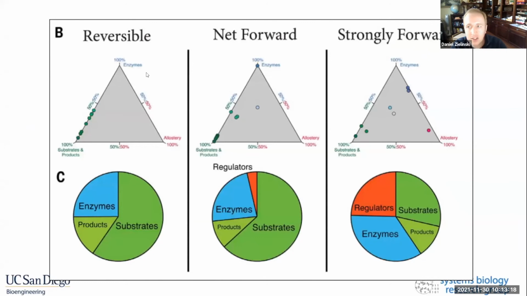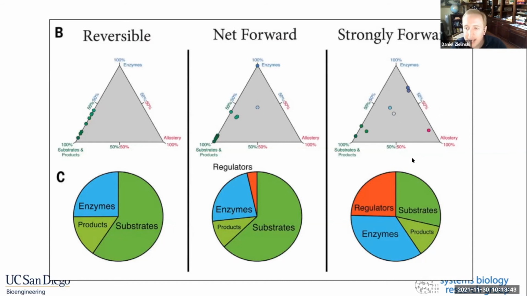But interestingly, once you break it down by thermodynamics, reversible reactions are almost entirely modified by substrate level, a little bit by enzyme. But the irreversible reactions, which are the ones that are insensitive to substrate and product changes, are actually much more regulated by transcriptional and allosteric regulation.